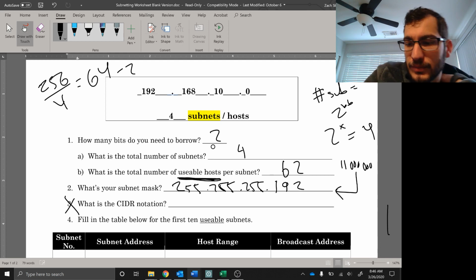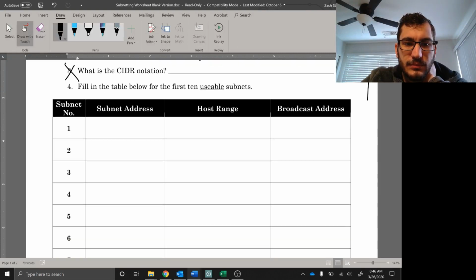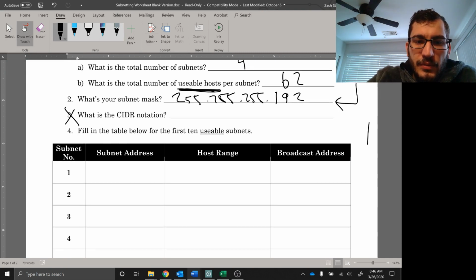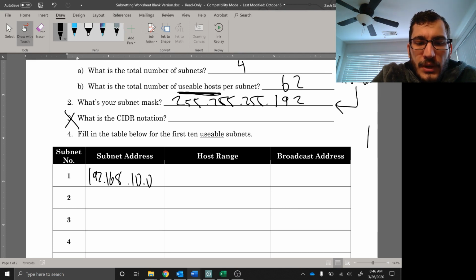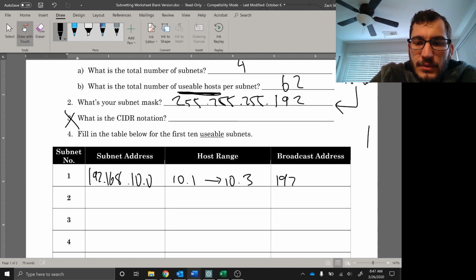And then what you need to do is the subnet address. For subnet 192.168.10.0, my host range is going to be 10.1 all the way to 10.63, and then I have 192.168.10.63.